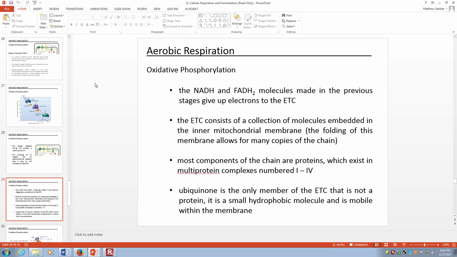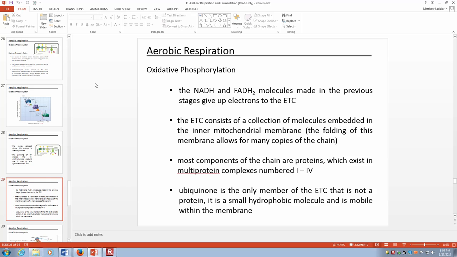Okay. Now, from FADH2, what happens is FADH2 does not pass its electrons to the NADH dehydrogenase complex. It first passes them to succinate reductase. So in this pathway, again, the electrons from FADH2 first get passed to succinate reductase.